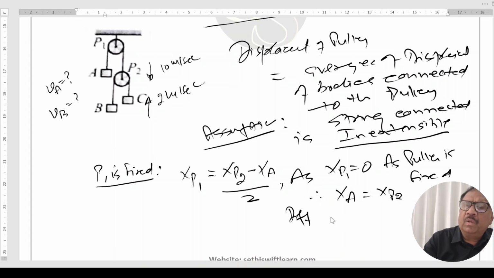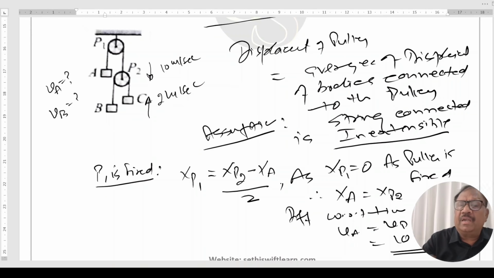Differentiating with respect to time, we get VA equal to VP2, that is 10 meter per second upward. Right? Velocity of A is 10 meter per second upward.